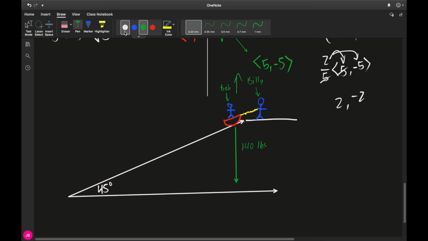And we can find this using vectors, because this angle is going to play a very big part in the amount of force that Billy's having to exert. If the hill was steeper, then Billy would have to use more force, and if it was less steep, then Billy would have to use even less force. So to find this out, we're going to create a vector.